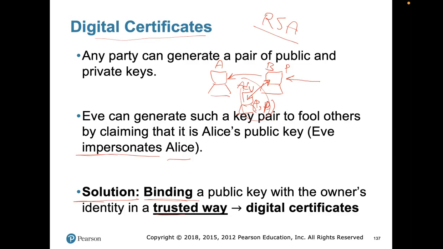Bob doesn't accept keys like this. Public keys should come with some owner's identification information: this is your key, and who are you? I need to know. And other than that, there should be some certificate to make me sure that you are right, that you are the person you say you are. This can happen only through digital certificates.